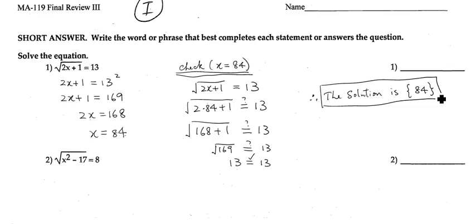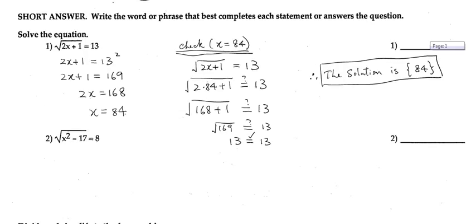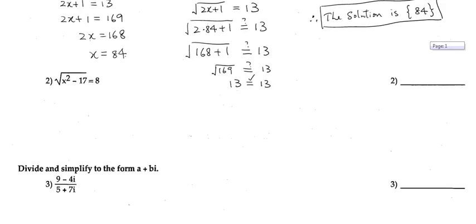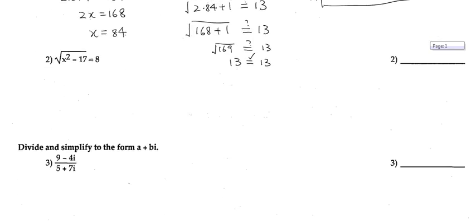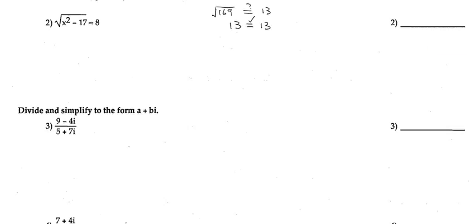Number 2, I got an equation involving a radical form. First, let's try to get rid of the radical. So what are we supposed to do? We square both sides, and then we will have x squared minus 17 equals 8 squared.